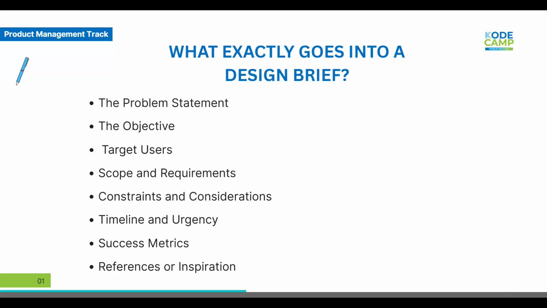A good design brief should at least include some of these elements I'm about to mention. The first one is the problem statement. You always have to start by clearly stating the problem, not the solution first, but the problem first.